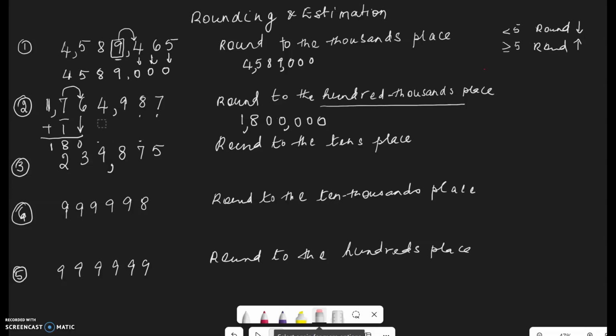Look one place value to the right. That's a 5. And the rule says if the number is greater than or equal to 5, we round up. Rounding up means just adding a 1 to that particular place value, in this case the tens.